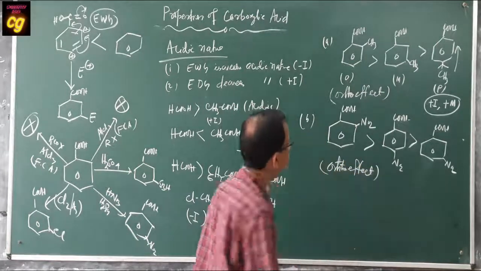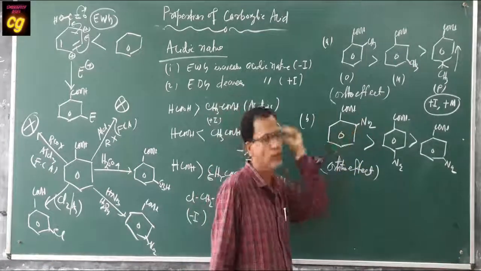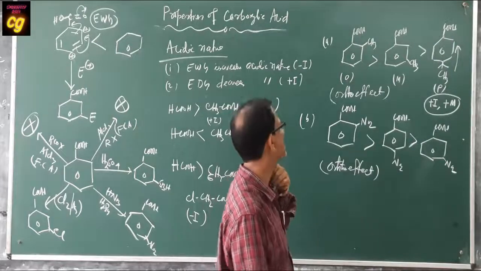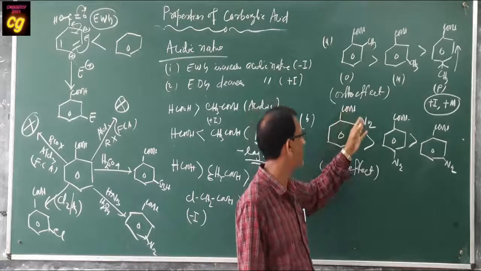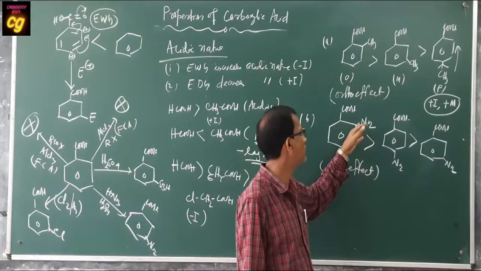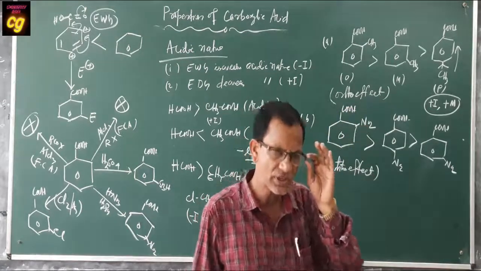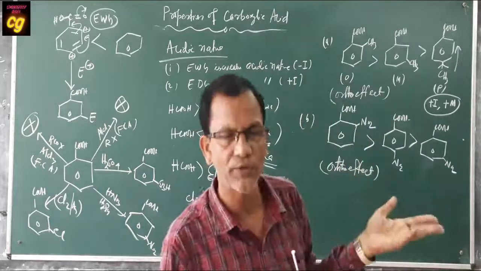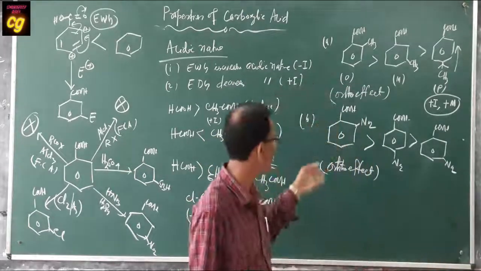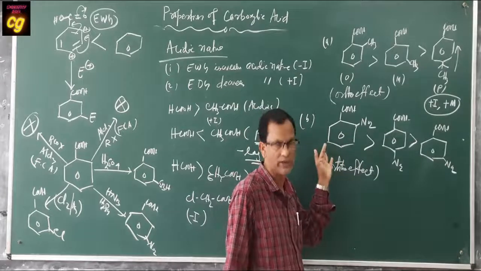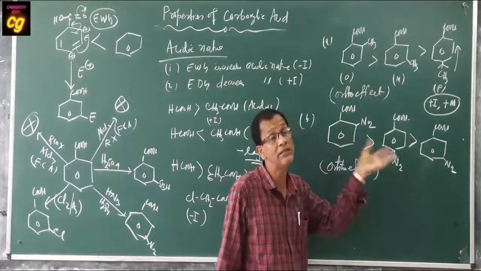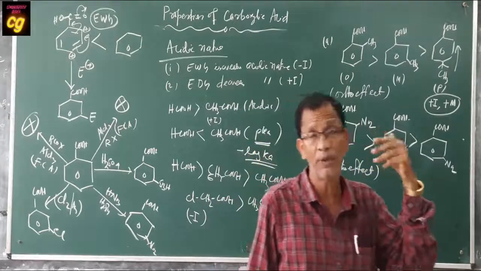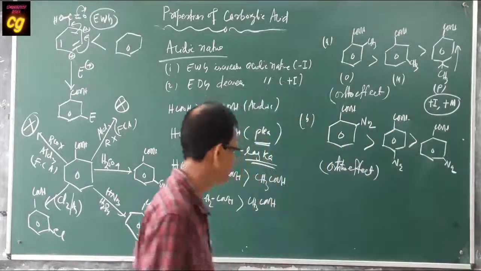Due to this ortho effect, the acidic character will be more, because after loss of H plus ion, the nitro group also has its effect. In the case of benzoic acid, whether the substituent has a plus effect or a minus effect, in both cases acidic character is increased due to the ortho effect.